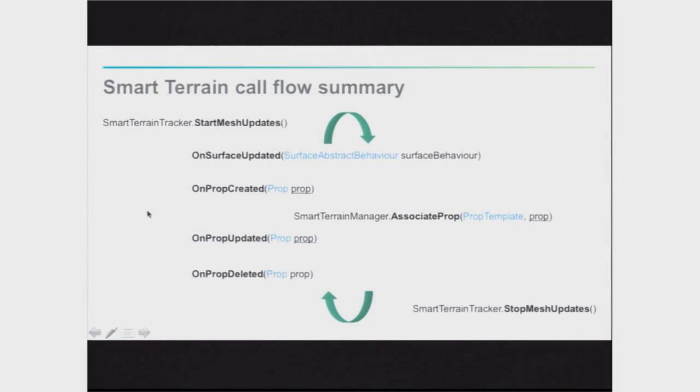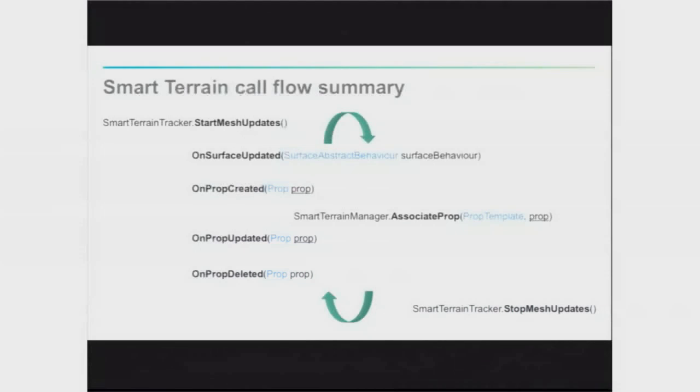Just to recap, from the development perspective, the life cycle is that you start a mesh update. When the surface is updated, you receive a surface behavior back, which provides you access to the surface mesh that's being created. When a prop is created, you're provided a reference to that reconstruction. You can associate that based on whatever custom characteristic you want to apply within app logic.